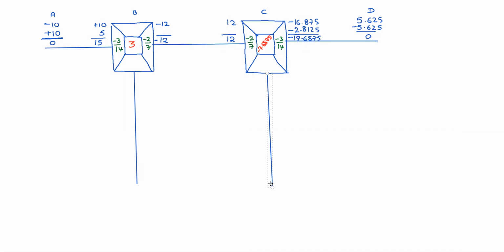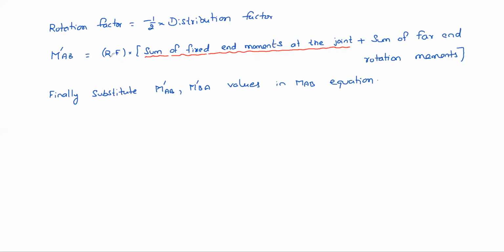Next, now, if you see the formulation here, M dash AB equal to rotation factor multiplied by sum of fixed moments at the joint plus sum of foreign rotation moments. That we will see how to calculate here.